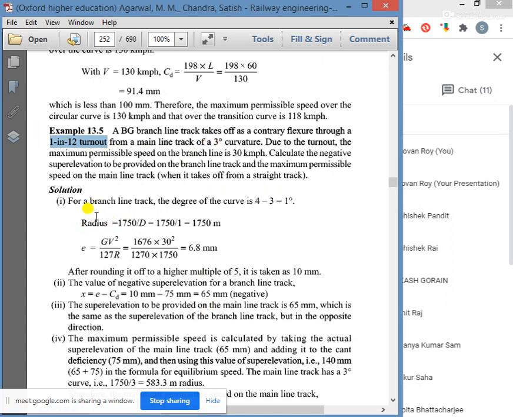So for the branch line, in the solution section it is given clearly that the degree of curve is 4 minus 3.